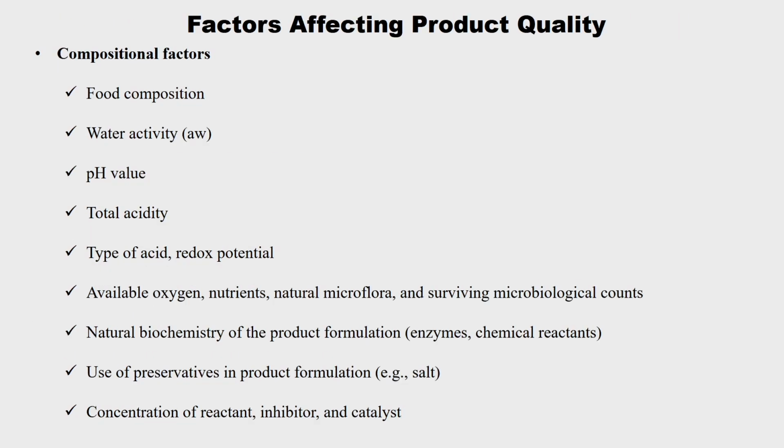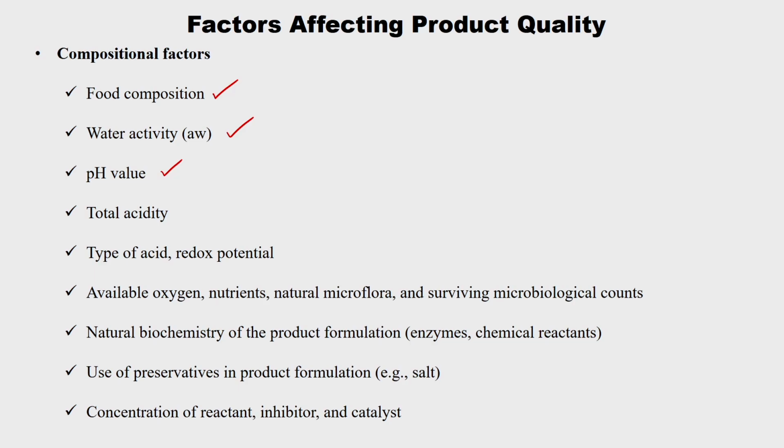So, the factors affecting product quality are food composition, I mean which food, liquid or solid or semi-solid, and whether the food contains acid and certain enzymes, all of which come under the category of food composition. Then water activity, this water activity we have discussed enough, I mean what the favorable conditions are for the microorganisms to grow.